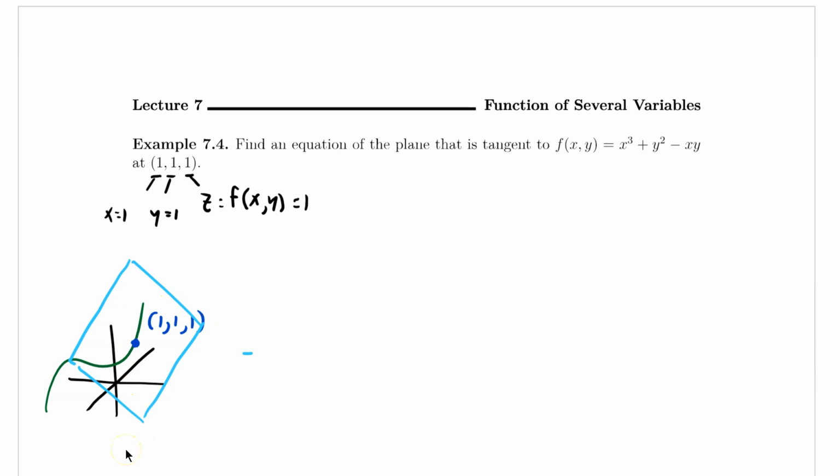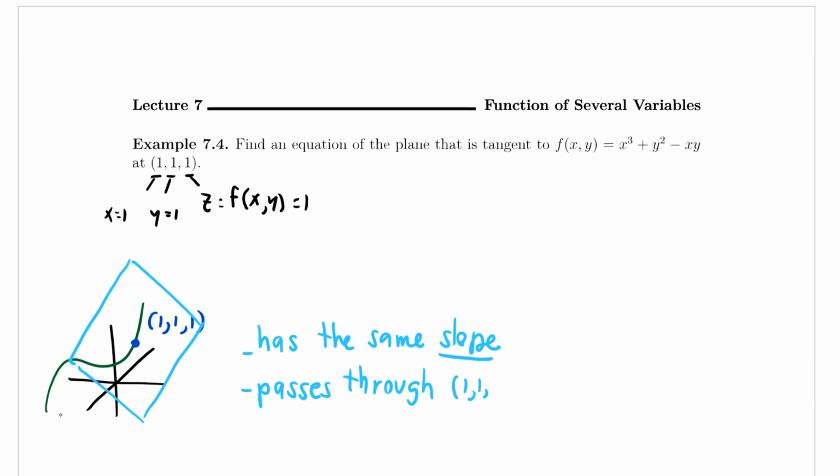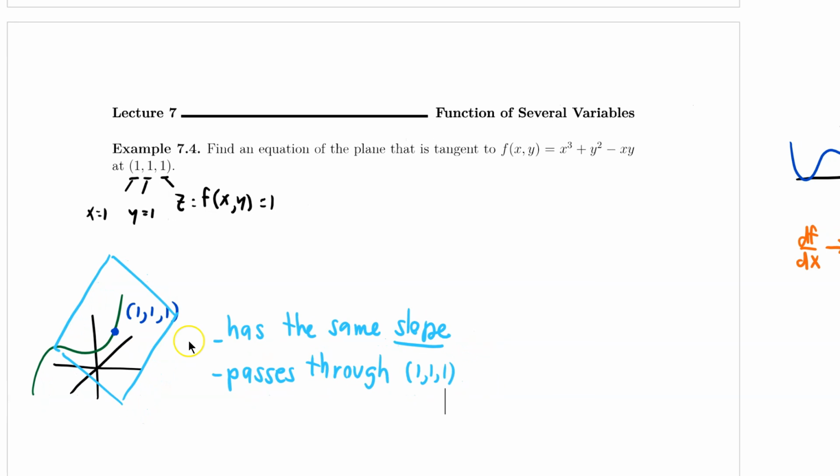Well, one thing for sure, because it is tangent to the green curve, it has to have the same slope, and it also has to pass through the point (1, 1, 1). So if I can find an equation of the plane that has these two properties, then that should indeed be the tangent plane to my function.